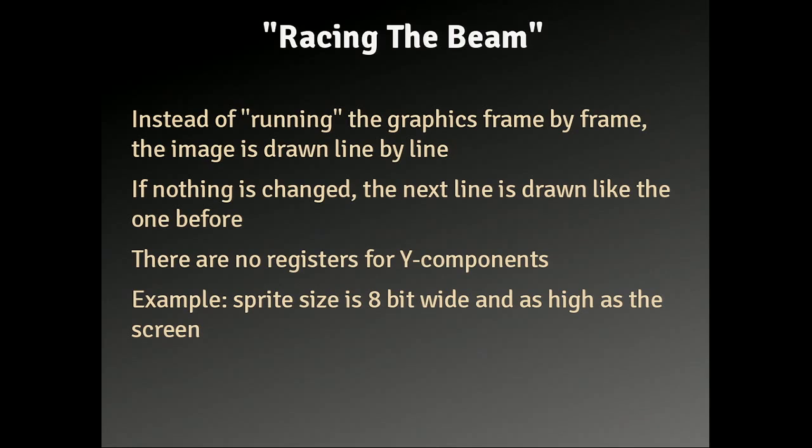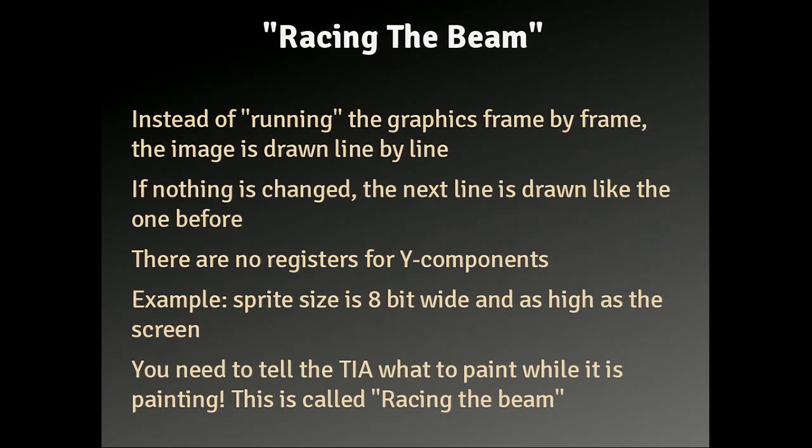And yes, the big advantage compared to the C64 is our sprite is 8 bits wide, but it can be as high as the screen without any problem. And as I said in the introduction, you just need to tell the TIA what to paint while it's already painting, so racing the beam.